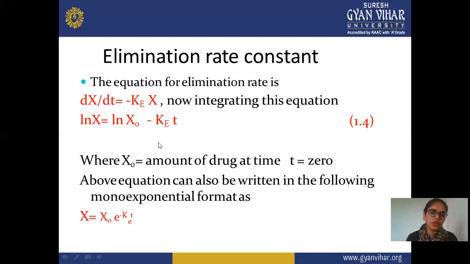So after modifying this integrated equation into mono exponential form, we solve this equation: X is equal to X0 e to the power minus Ket. So this is the mono exponential form of the elimination rate constant equation.